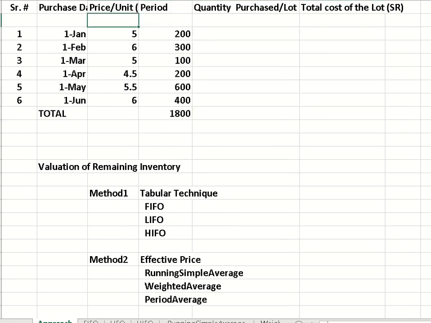So this is the price and the quantity that are purchased. This is the date of purchase, this is the unit price, and this is the quantity purchased. And this is the sequence, no? Purchase order or PO number maybe. So on January 1, there are 5, 6, the unit price in, say, SR, and these are the quantities in units. And a total is 1,800. So this will be the situation that we were going to discuss after the short break.